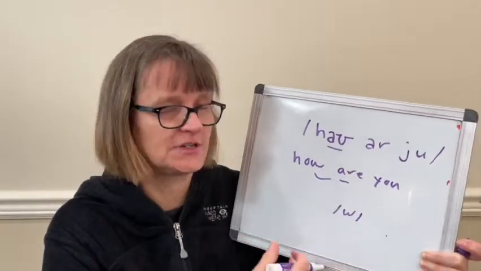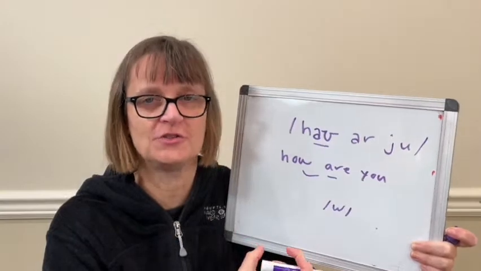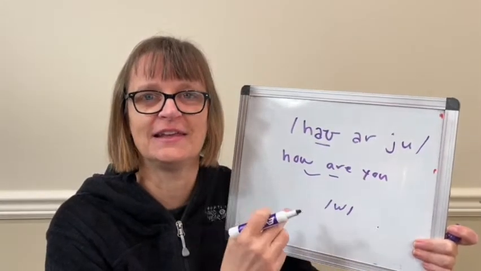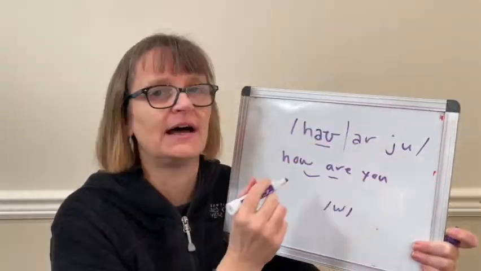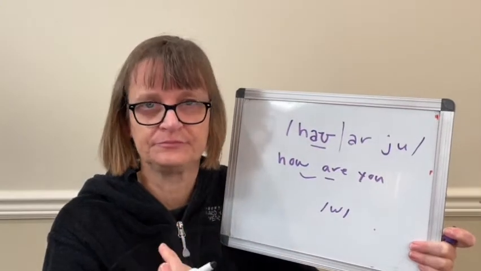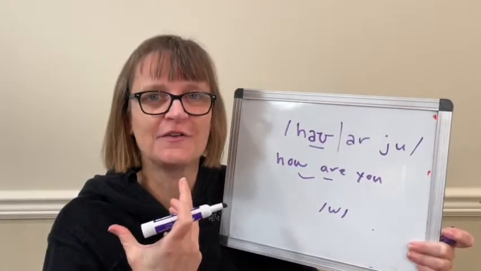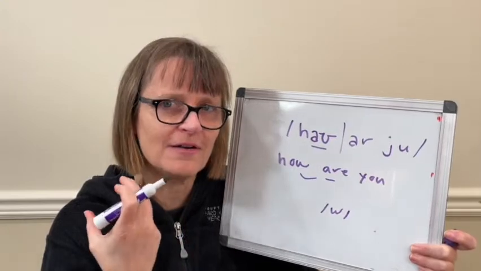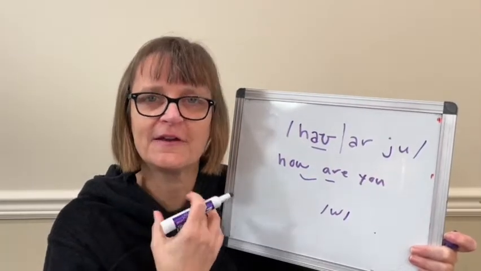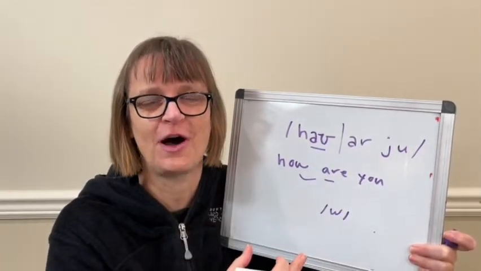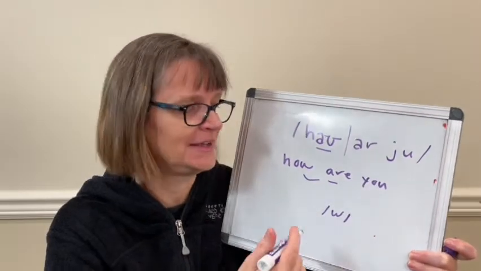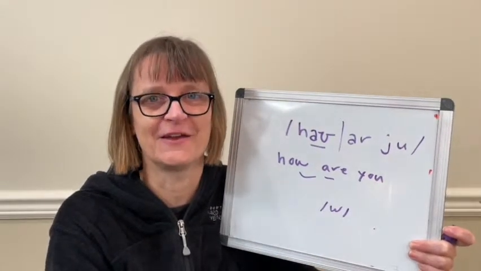So yes, there's a W there. Don't insert an extra W, just naturally link. If they were unlinked, how are you? No W. So if I was saying, for example, how are you? And I might make a little break there. We naturally, though, more commonly link between those two vowels, and there's a gliding w that sneaks in there.